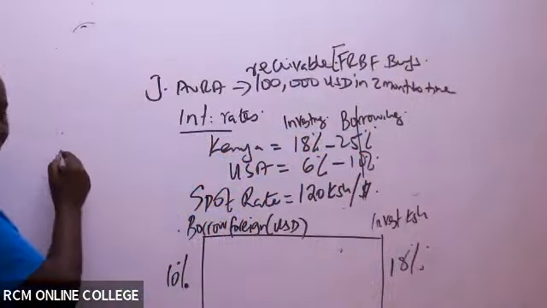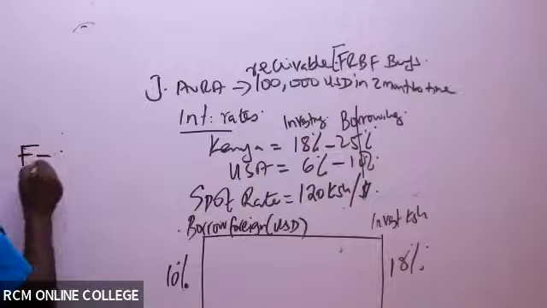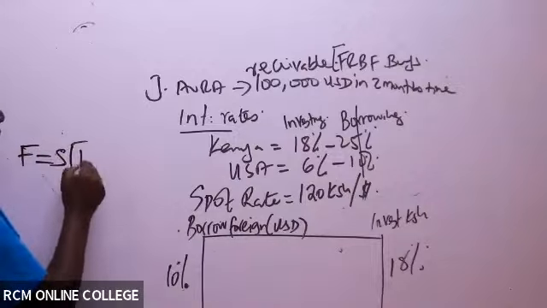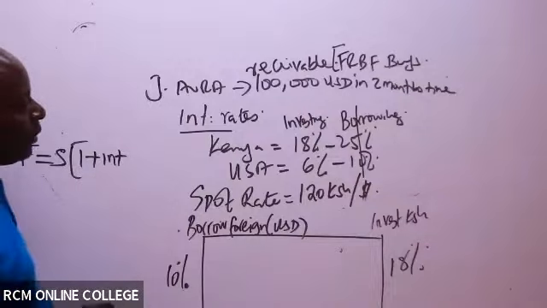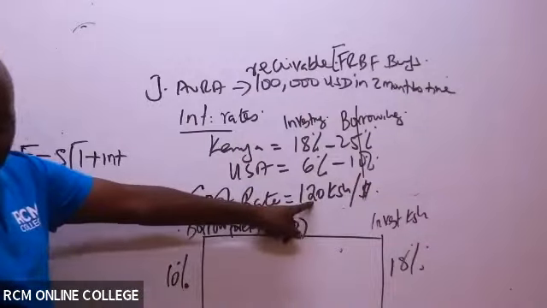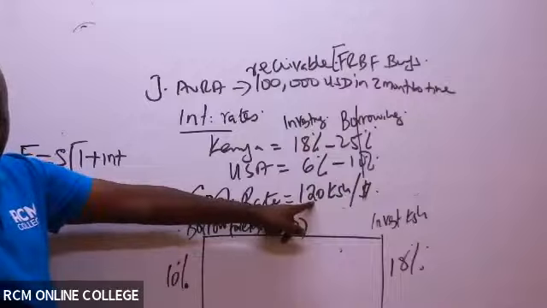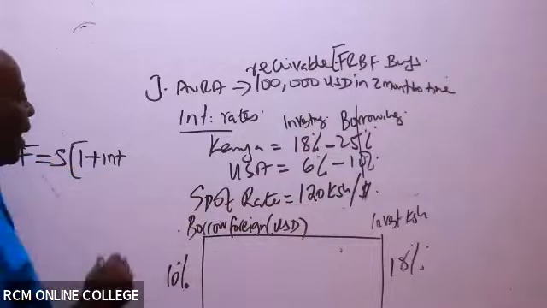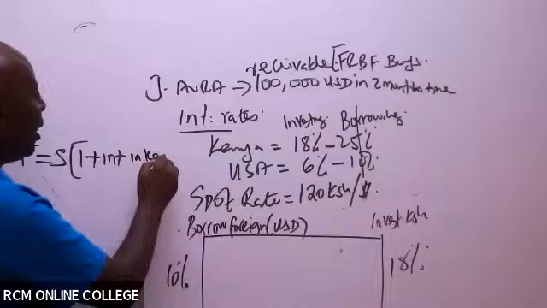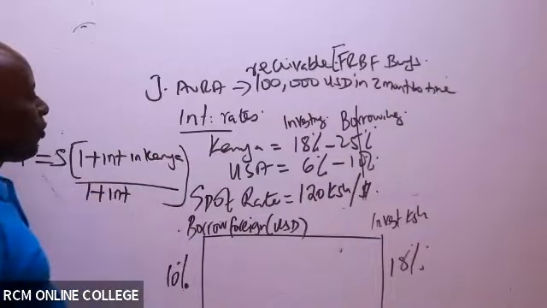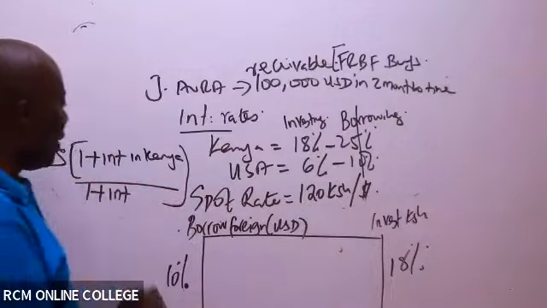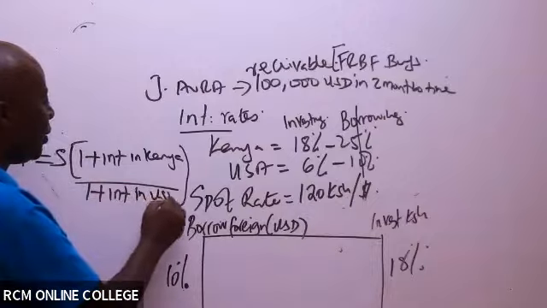To write my formula, I know that my forward will be equal to spot times 1 plus interest, interest in which country? See the expression here. In Kenya. So interest in Kenya, all over 1 plus interest in US dollar.